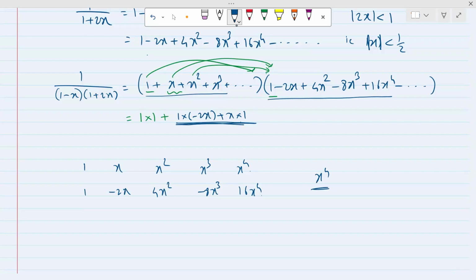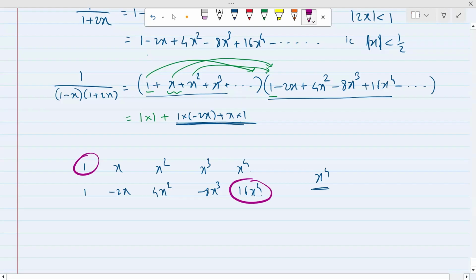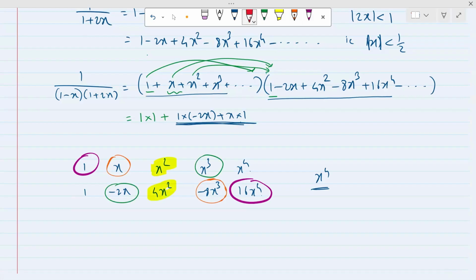I multiply this with this, then this with this, then this with this, then this with this, and finally this with this. That will give me the terms corresponding to x raised to 4.